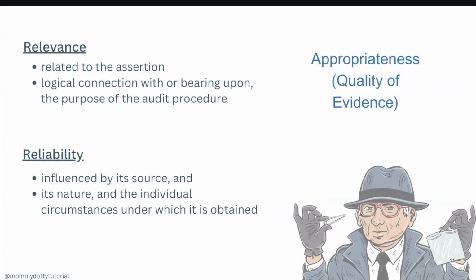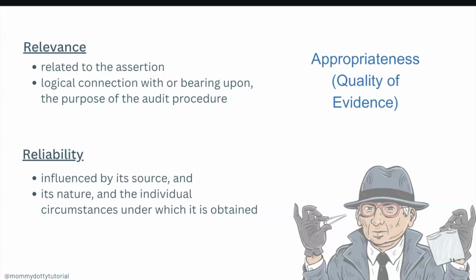Relevance means it's related to the assertion, from the word relevant, related. Relevance deals with the logical connection or bearing upon the purpose of the audit procedure and, where appropriate, the assertion under consideration. The relevance of the information to be used as audit evidence may be affected by the direction of testing, as shown in the next slide. But before we go there, let's talk about reliability shortly.